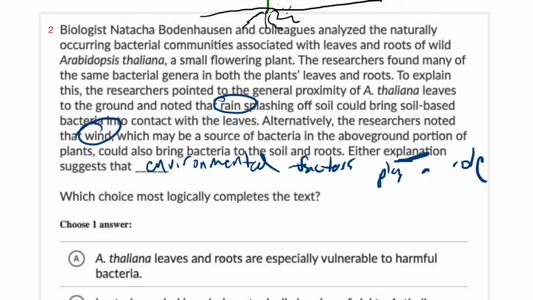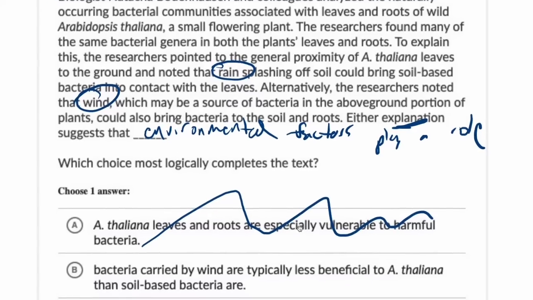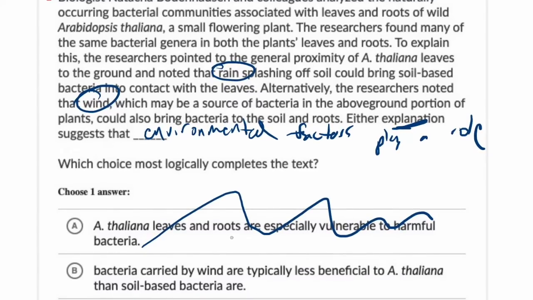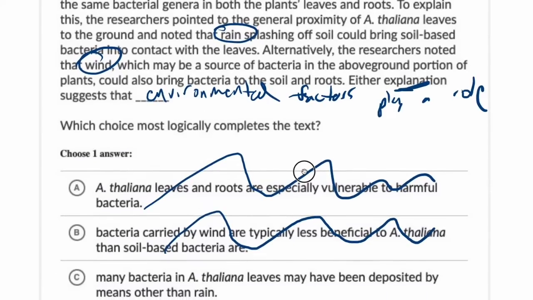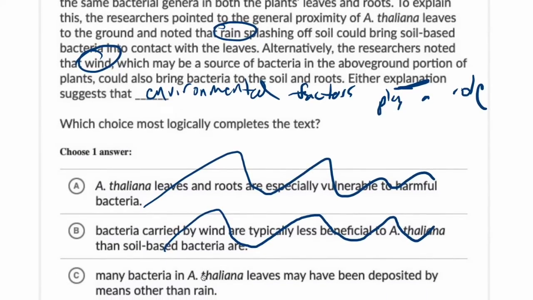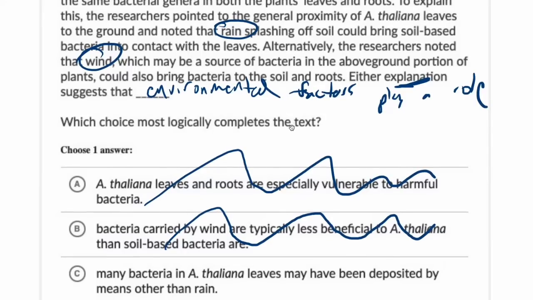Okay. Doesn't say anything about being especially vulnerable to harmful bacteria. It doesn't say that one is less vulnerable or beneficial than the other. Many bacteria may have been deposited by means other than rain.